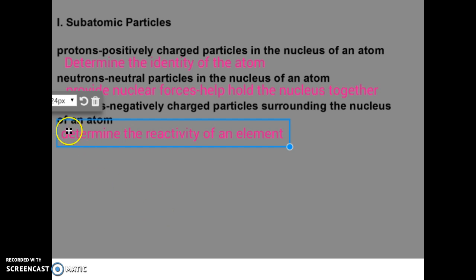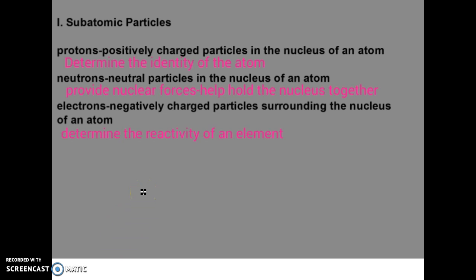But ideally, the electrons have everything to do with what things will react with a particular element, how reactive an element is, or how non-reactive an element is. So the electrons give it all of those chemical properties that are associated with an atom. So they're very, very important.